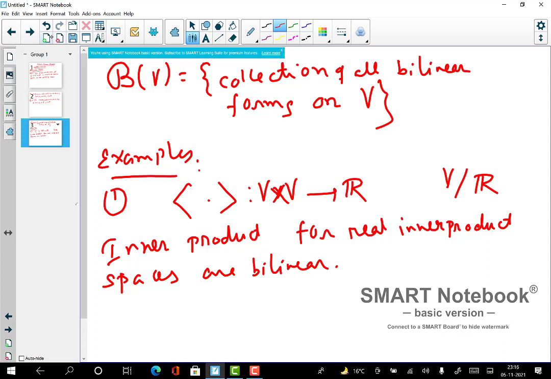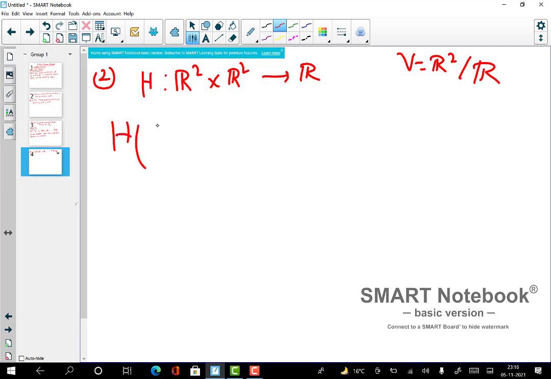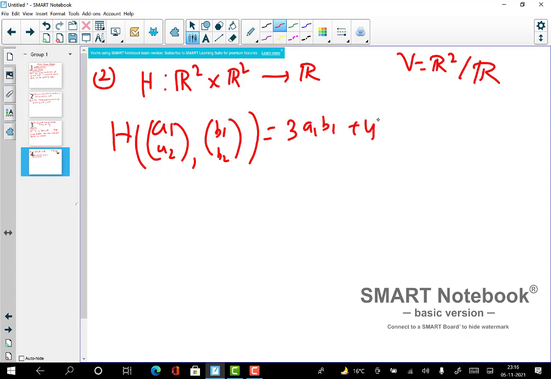This is one example, and there are plenty of others. For example, take V equal to R2 over R, whose elements are column vectors. Take the vector (a1, a2) and another vector (b1, b2), and define the map as 3 a1 b1 plus 4 a1 b2 plus 2 a2 b1 plus a2 b2, whatever.